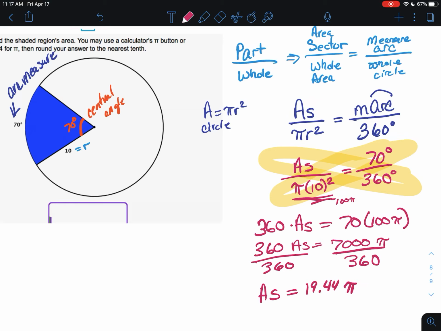And they tell us here to use either the pi button or 3.14. I typically use the pi button on the calculator. It's just one tap instead of four taps. So the area of the sector would be 61.0865, and rounding to the nearest tenth, 61.1.